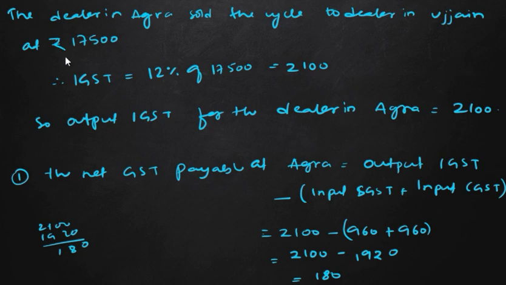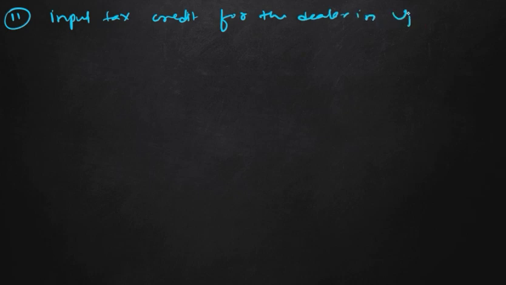So the input tax credit for the dealer in Ujjain will be equal to 2,100.